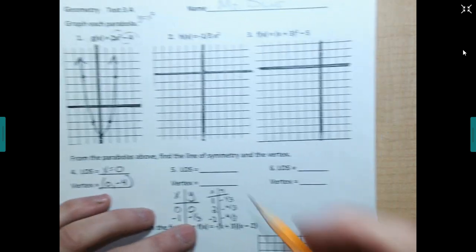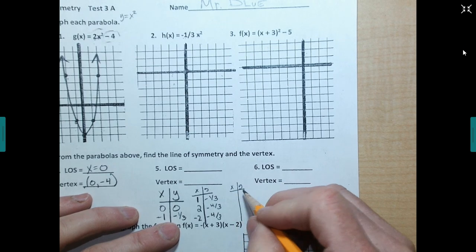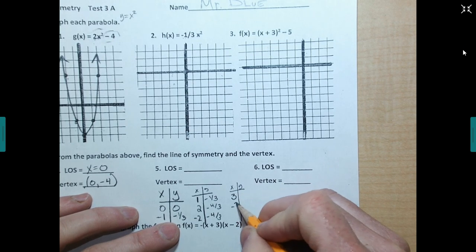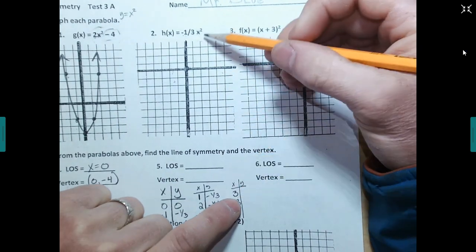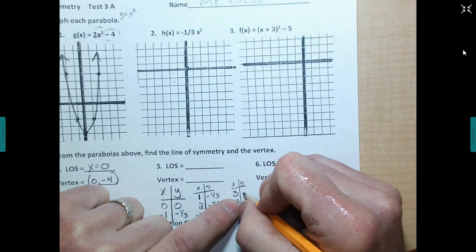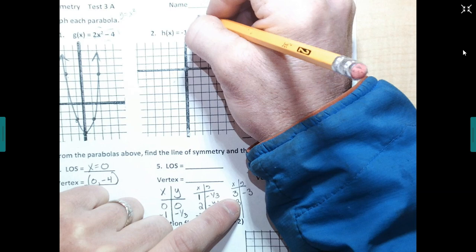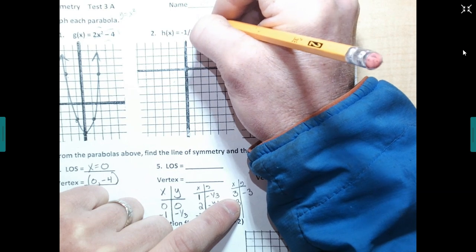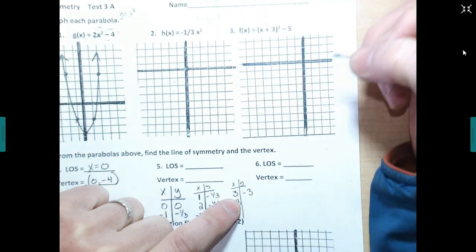I'm dealing with some fractions, so I'm gonna go ahead and do 3 just to make sure. So let's do 3 squared is 9. 9/3 is 3, so I have negative 3.